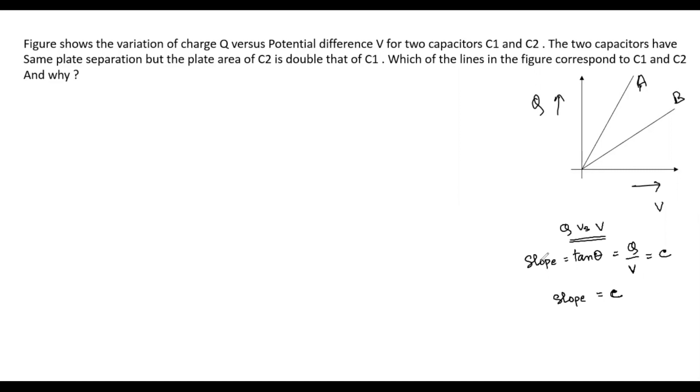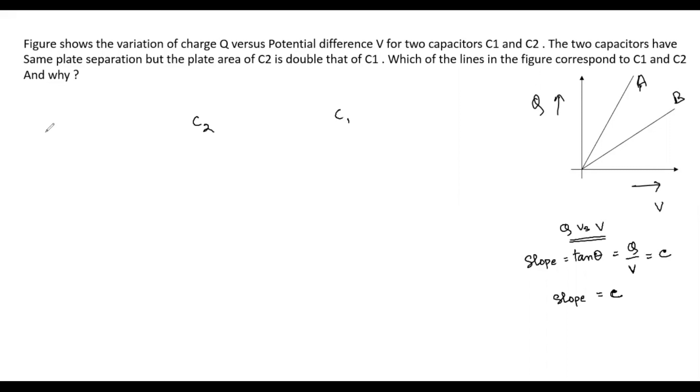Now, if we see this question, a figure shows the variation of charge Q versus potential difference of two capacitors C1 and C2. The two capacitors have the same plate separation. We are having two capacitors, C1 and C2, and both have the same separation, but the plate area is different. The plate area of C2 is double that of C1.